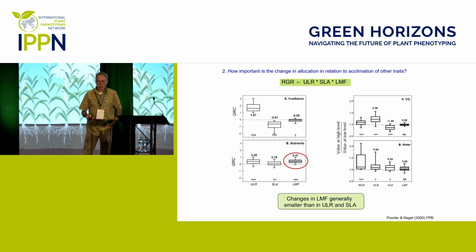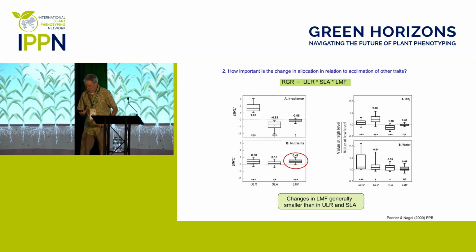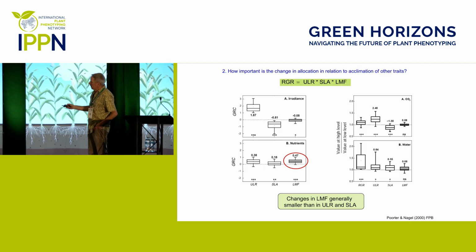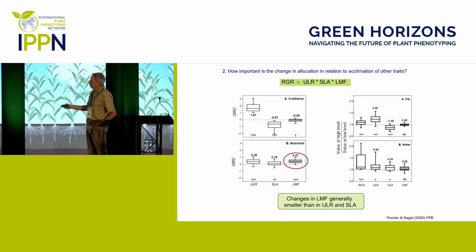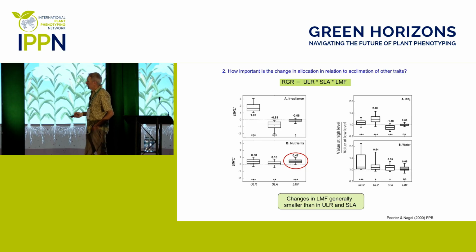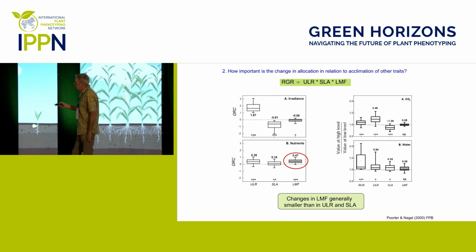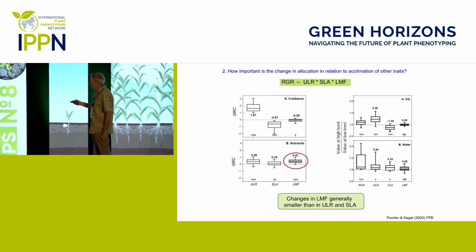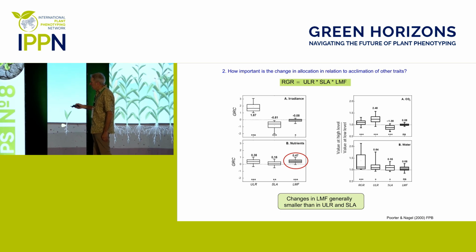So we could also take another approach. We know from this equation in green above that the relative growth rate of plants is determined by physiological components, which are photosynthesis and respiration, and a morphological component, which has to do with the leaf area ratio and the allocation of biomass to leaves. When you do the analysis for light, for CO2 and for water, you see that the unit leaf rate often determines quite a lot.